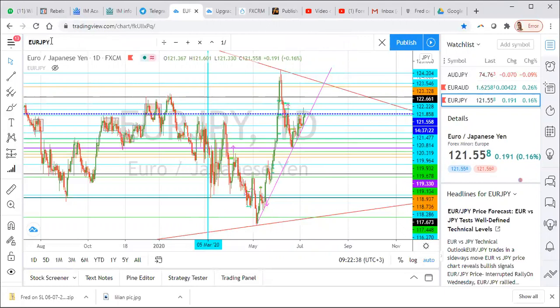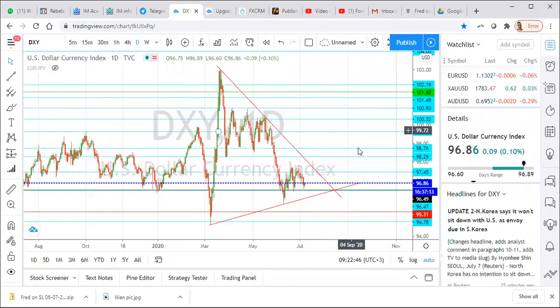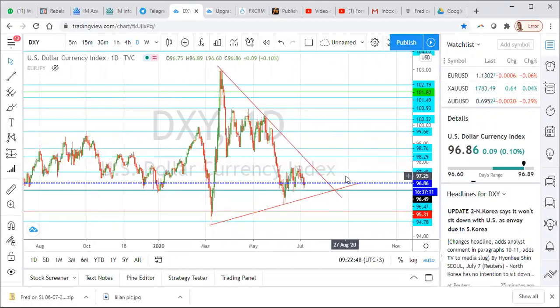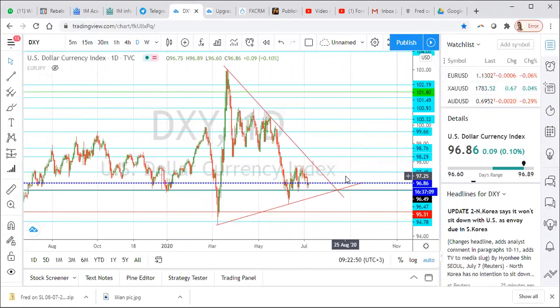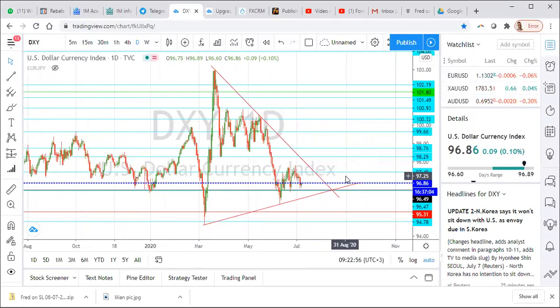Usually I like to look at the dollar index, the dollar, see how it's doing. Looks like a bullish wedge.